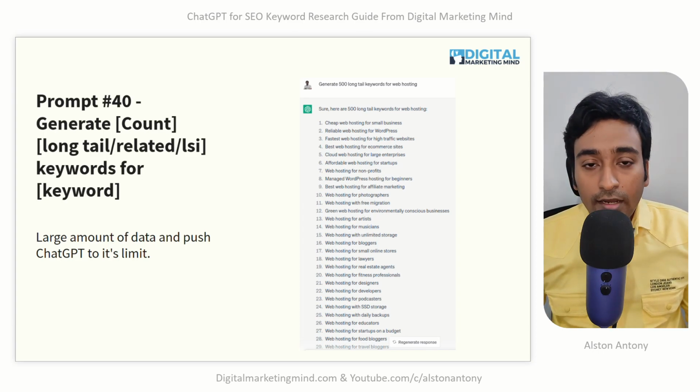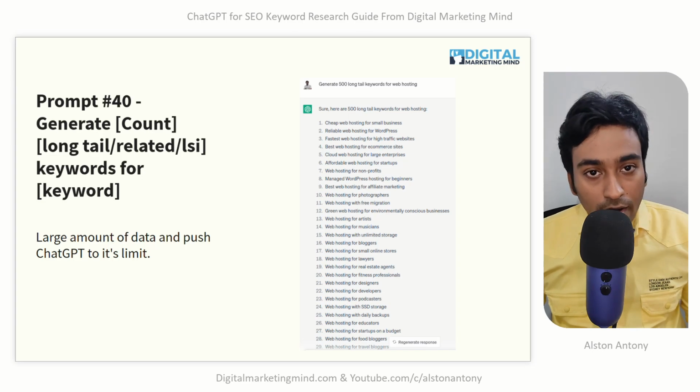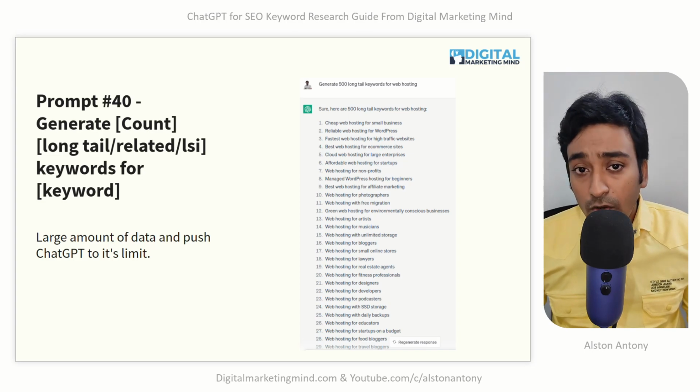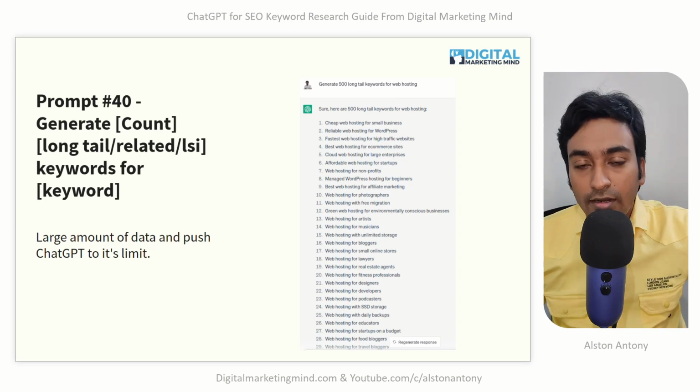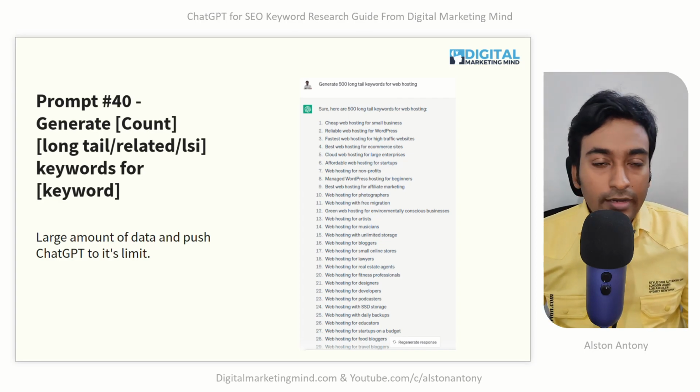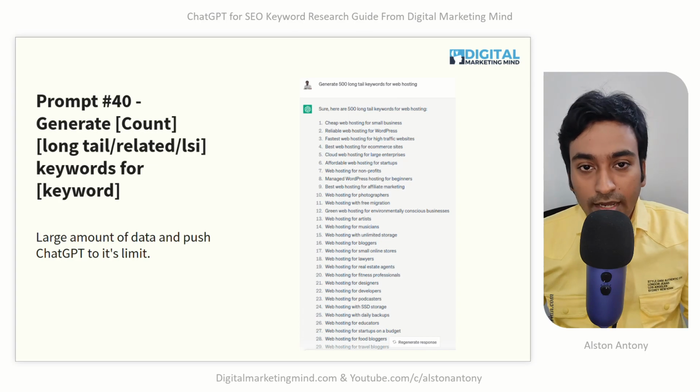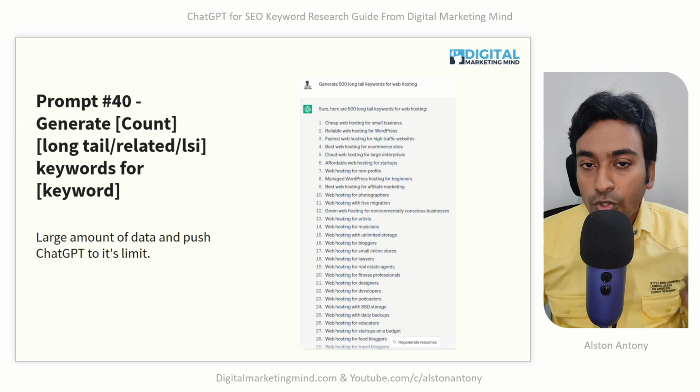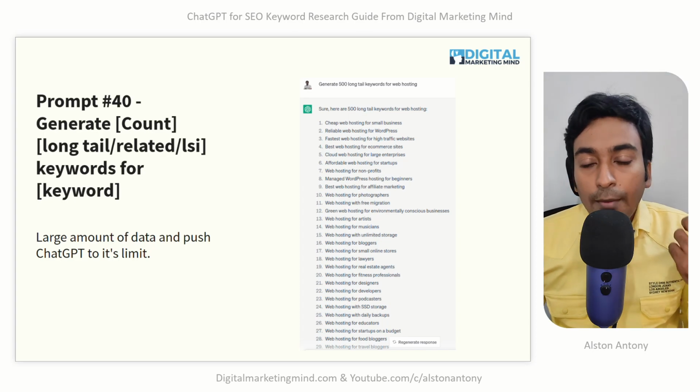When I say 500 or 150, whatever the count, I'm asking ChatGPT to go beyond its limits. When you ask ChatGPT to suggest some related keywords, it might come up with 10, 15, 25, 30 or something like that. But when I specifically say I want 100, 200, or 250, I'm asking ChatGPT to go beyond its limit.